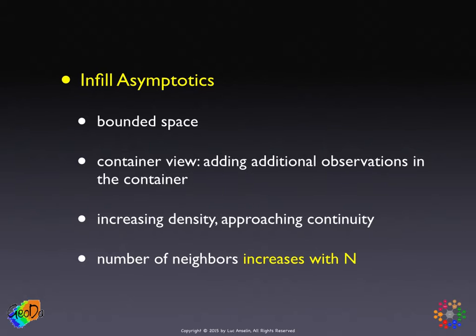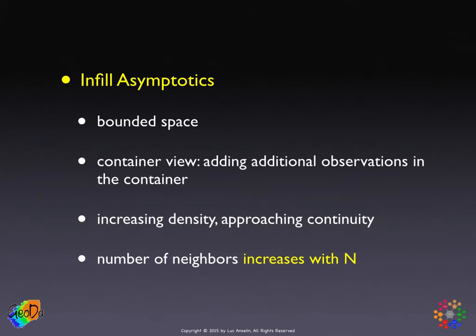I call it a container view, and we add additional observations in the container. So as we add additional observations, we approach a continuous sample. We approach the best information we can get. That's a good thing. The bad thing in this case is that depending on how we define the neighbors, the number of neighbors can increase with the sample size.